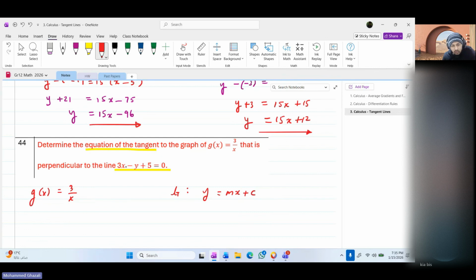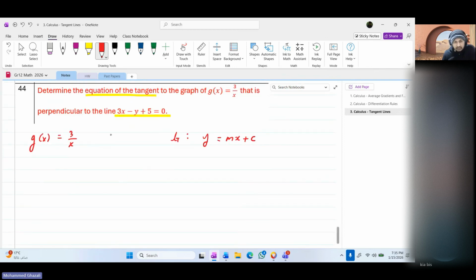Now we know that there is a known line, and the equation of the tangent is perpendicular to this known line. This line is 3x minus y plus 5 equal to 0. So 3x plus 5 is equal to y.